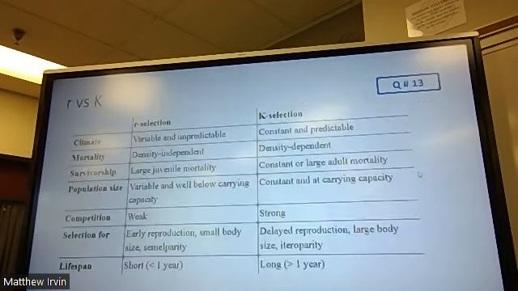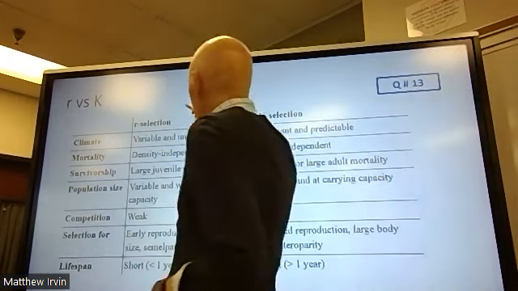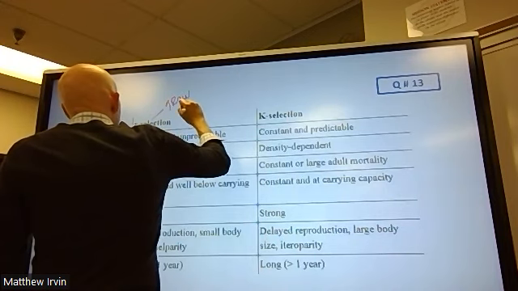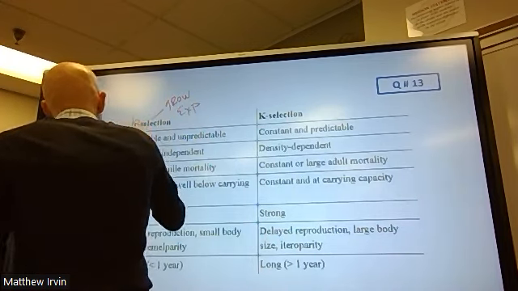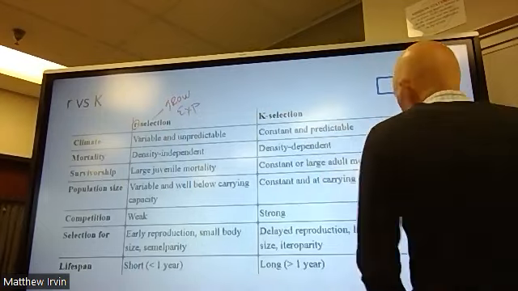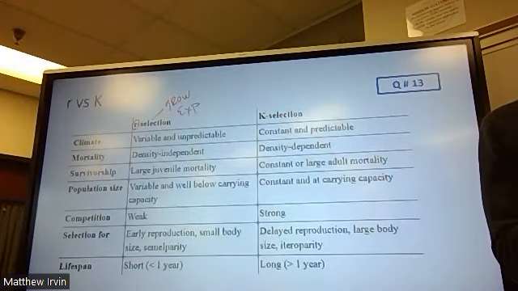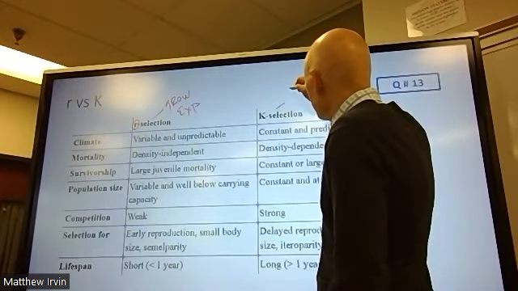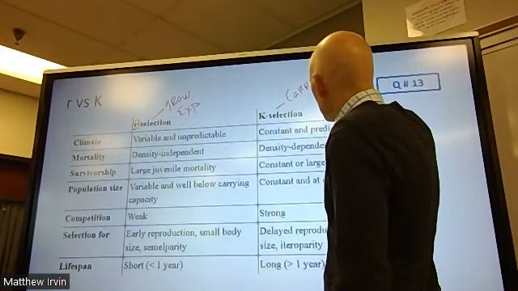All right, r versus K selected organisms. R selected organisms grow exponentially, so the r is referring to r in the exponential equation. K selected organisms tend to live around their carrying capacity.